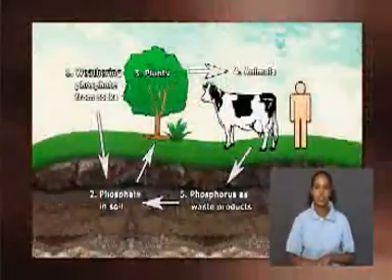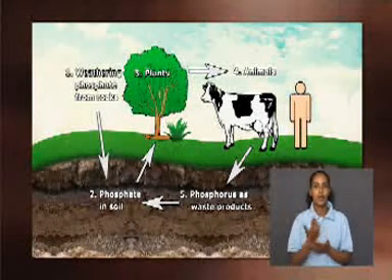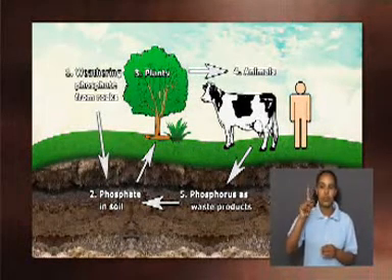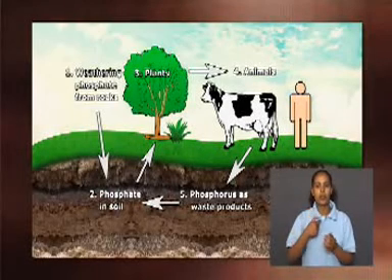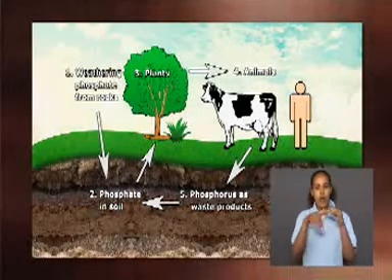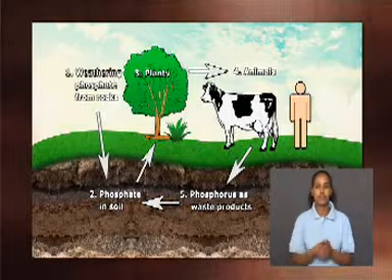We learned that this process is known as denitrification. In today's lesson, we are going to learn about the phosphorus cycle. We will look at a diagram of this cycle and we will explain all of the phases involved.